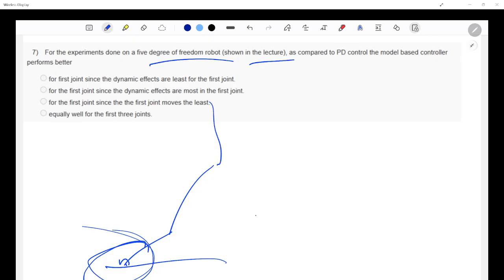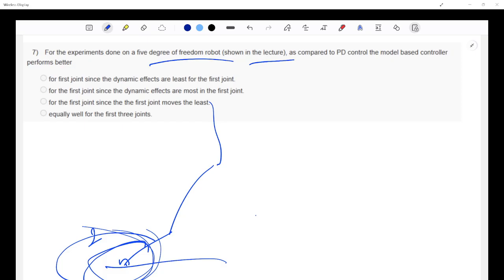There are large non-linear interactions. Third reason is gravity also affects this the largest. Entire arm weight acts through the base. So nonlinear dynamics are strongest at joint 1. Model-based control gives maximum improvement there.